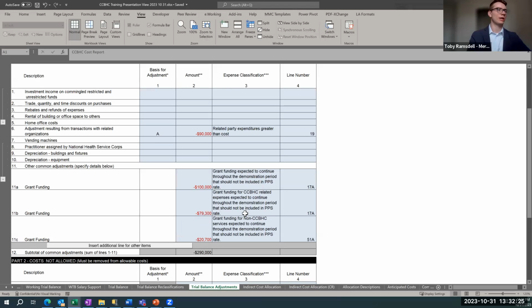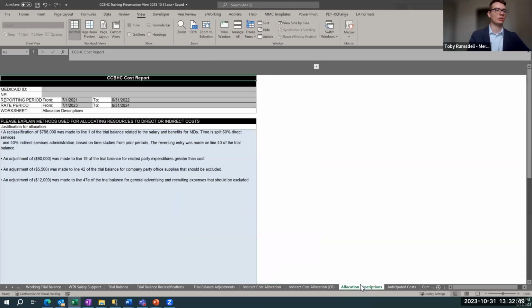Here's a portion of a grant that supports both CCBHC related expenses and non-CCBHC related expenses. So this grant can be used for either CCBHC or non-CCBHC. So the way I'm going to allocate the part that needs to be removed is based on a percent of services. So in the allocation description schedule, the adjustment, I actually should have documented that, I'm sorry.